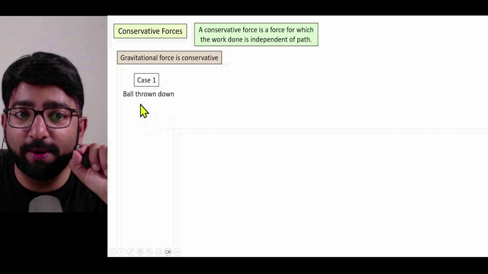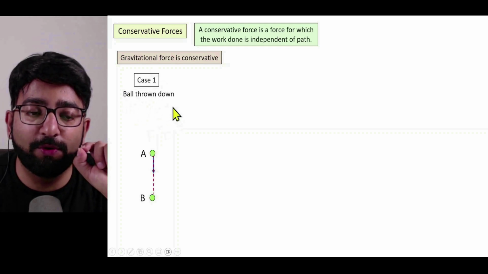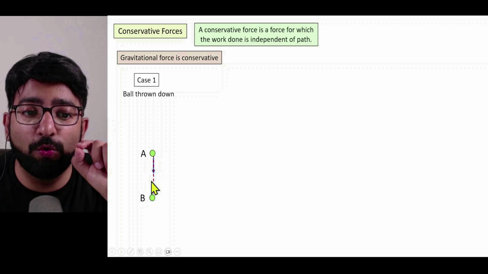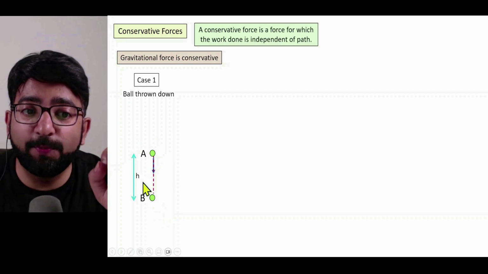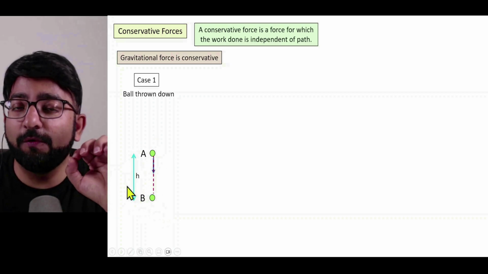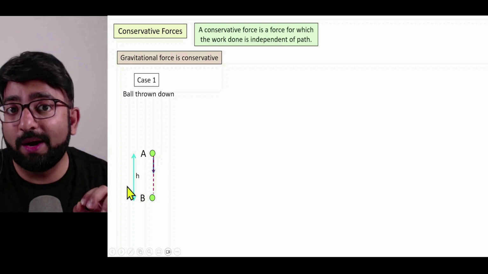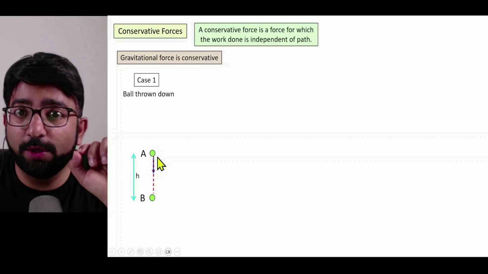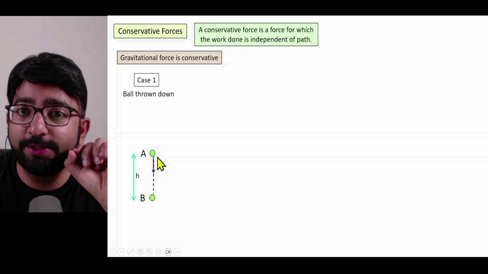Let's consider case one, where a ball is being thrown down. Have a look at this image. We have a ball which is initially at point A and it is being thrown downwards to point B. The distance between A and B is h. Now we have to figure out the work done by the gravitational force. The gravitational force acting on the ball is the weight of the object, which is mg.